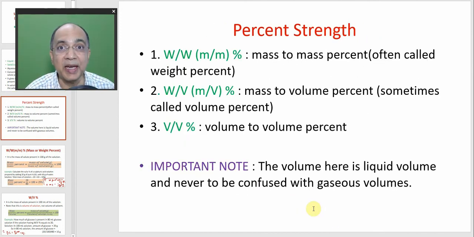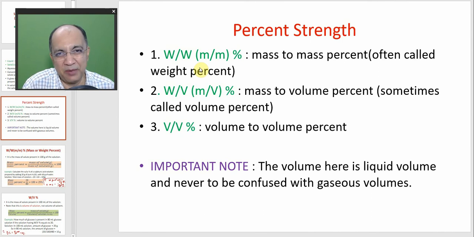The first way to express the concentration is percent strength. There can be three types of percent strengths. W by W, that is mass by mass percent. It was called weight by weight percent. But I'm not using the term weight nowadays, because you will definitely find a logical fault, because weight is a force.